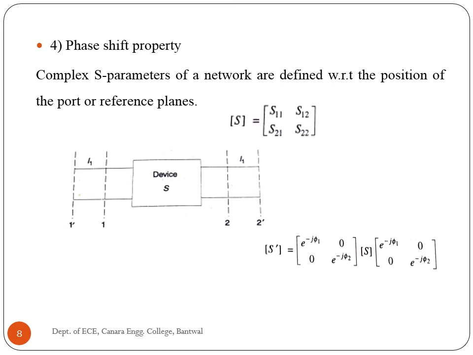If the reference planes 1 and 2 are shifted outward to 1 dash and 2 dash by electrical phase shifts, then phi 1 is beta 1 L1 and phi 2 is beta 2 L2.